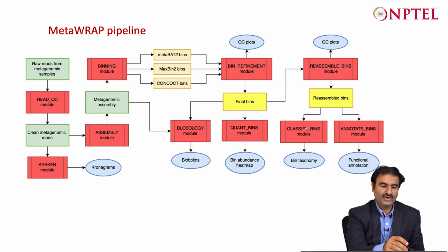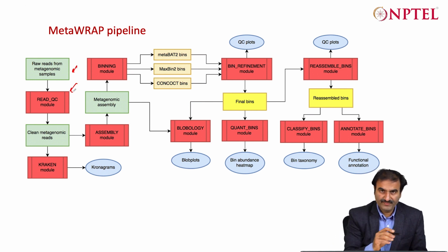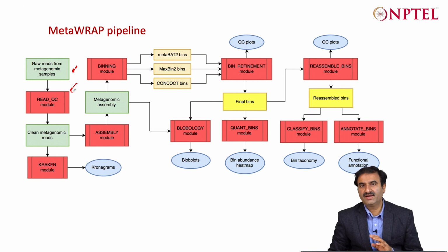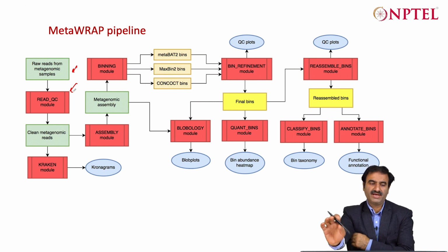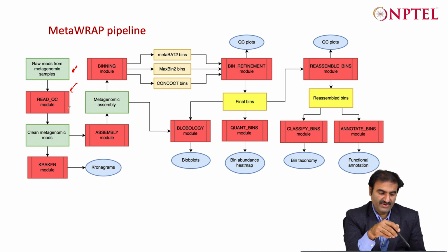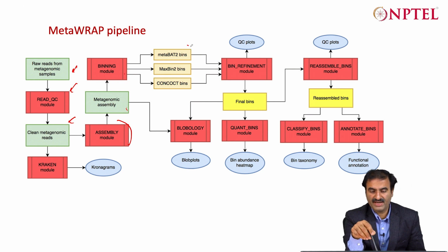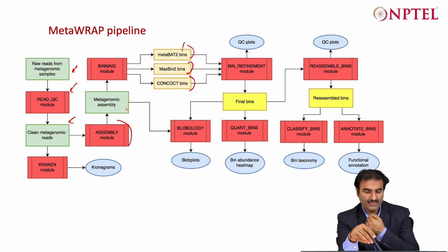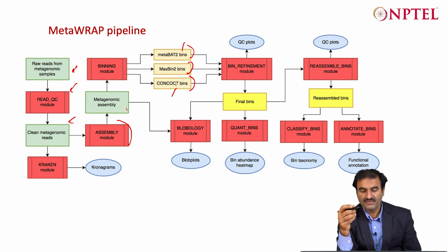So it takes raw reads and does the quality control. Basically you can say that it is running from scratch. Raw data can be given. It will do the QC, clean the reads, okay, run the assembly module to do the assembly, and do the binning module to get your MetaBAT bins, MaxBin bins, and CONCOCT bins. These programs we have seen earlier also. So it will do assembly using multiple programs, and then do the bin refinement.